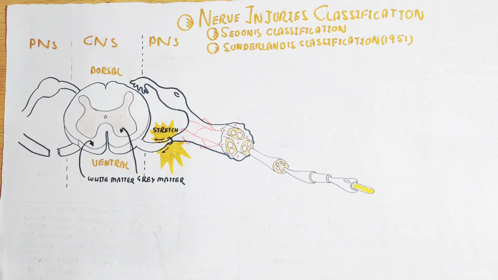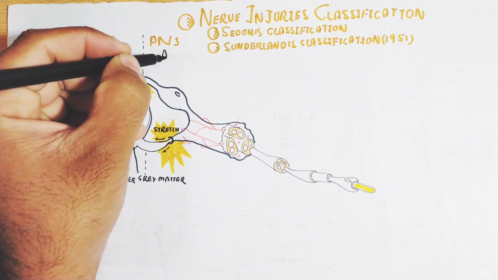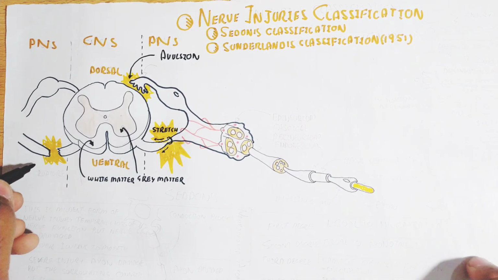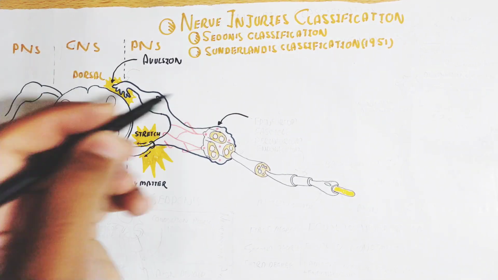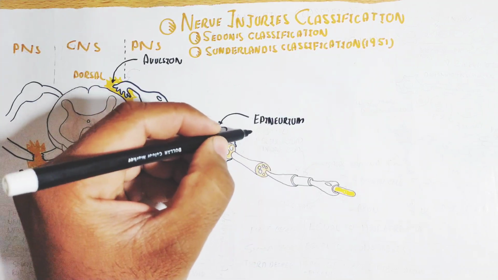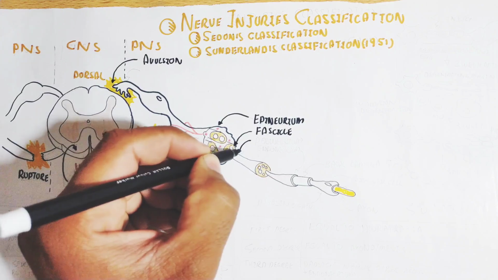Stretching will lead to injury, and this is the stretch injury. Avulsion, which is also a stretch injury, is due to an accident or other causes. Avulsion is the detachment or semi-detachment of the dorsal root ganglion, so it is totally not intact with the spinal cord.